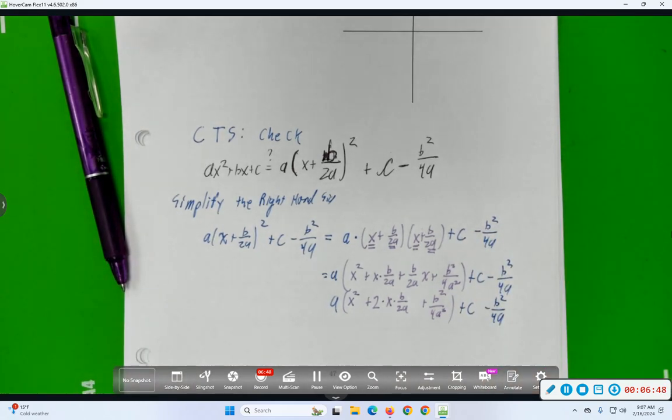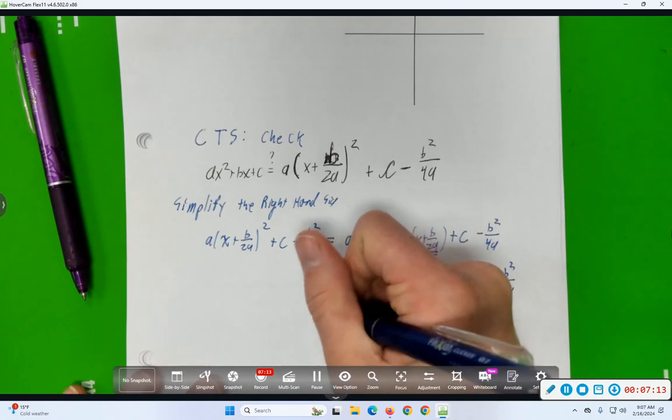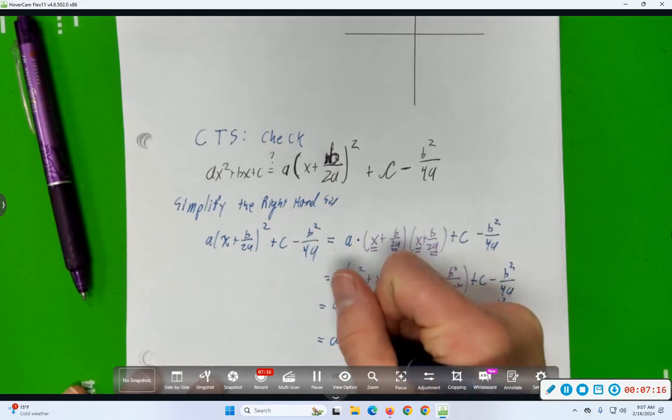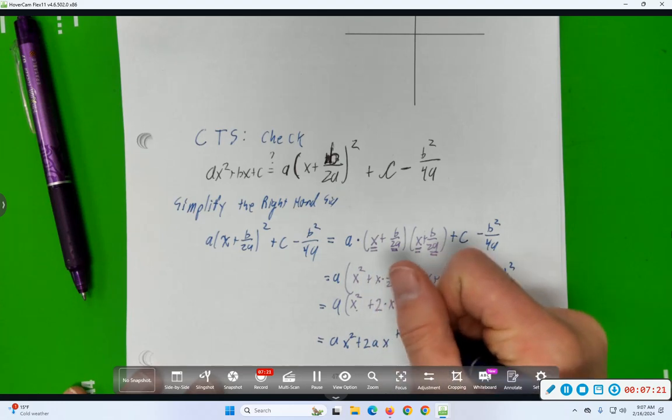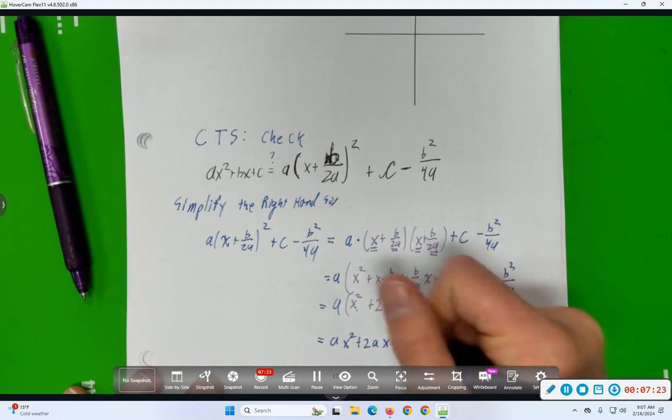All right, so remember the eventual goal is I want to simplify that down to just ax squared plus bx plus c to make sure that this completing the square formula is correct. What would you like to do to that thing next? Yeah. Should do that. Yeah, great. That seems wonderfully useful. Let's do it. ax squared plus 2ax b over 2a.